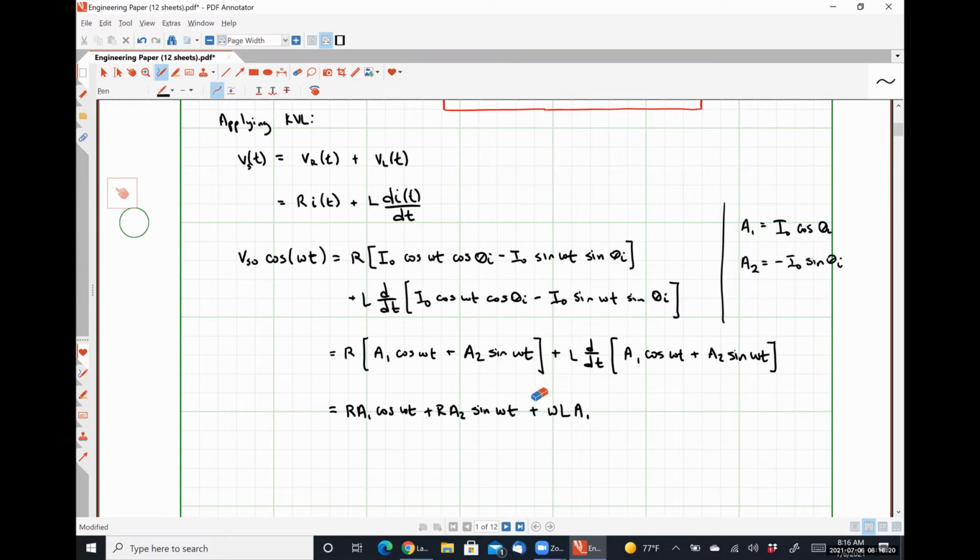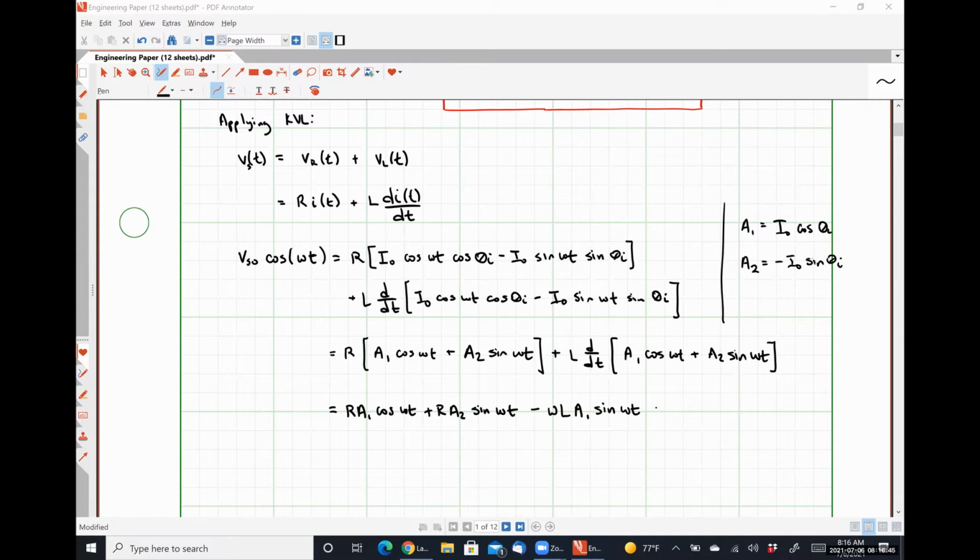When I take the derivative of cosine with respect to time, that's going to be negative sine, right? And because it's cosine omega t, it should be negative omega sine. So negative omega L A1 sine omega t. When I take the derivative of the sine function, that's going to be positive omega cosine.